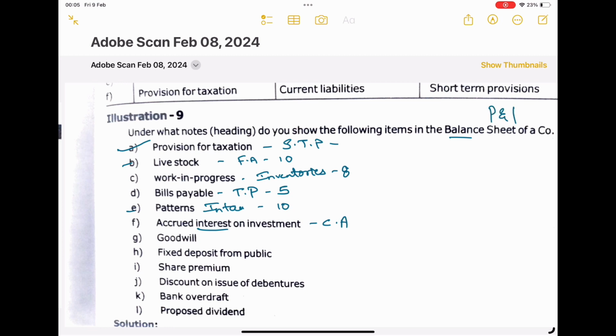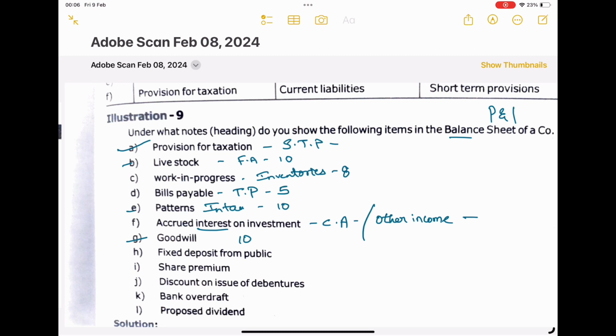If they have given a P&L account, this accrued interest on investment will be considered under the other income heading. Okay, you should know all those things. Goodwill, intangible asset, note 10.